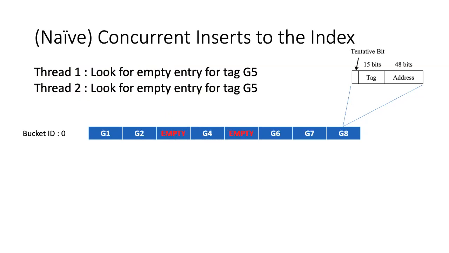Searches are simple, but the concurrent inserts are a little bit more involved. So a naive way we could concurrently insert is, for example, we have 2 threads, and they're both inserting something that has the tag G5. So we have this bucket here that has G1, G2, and then 2 empty slots, and then G4 to G8.